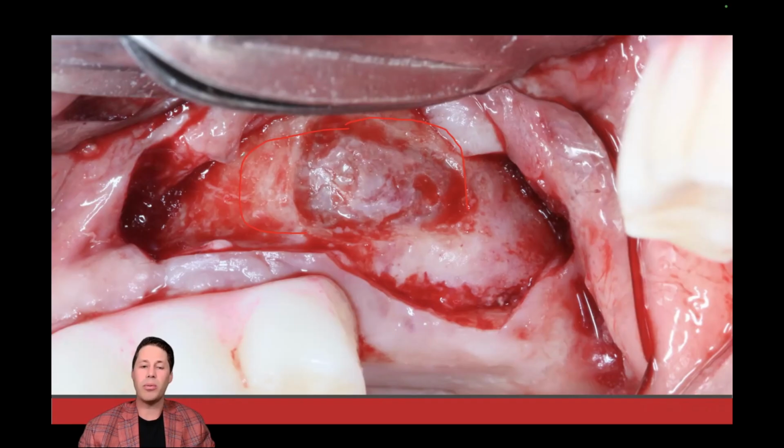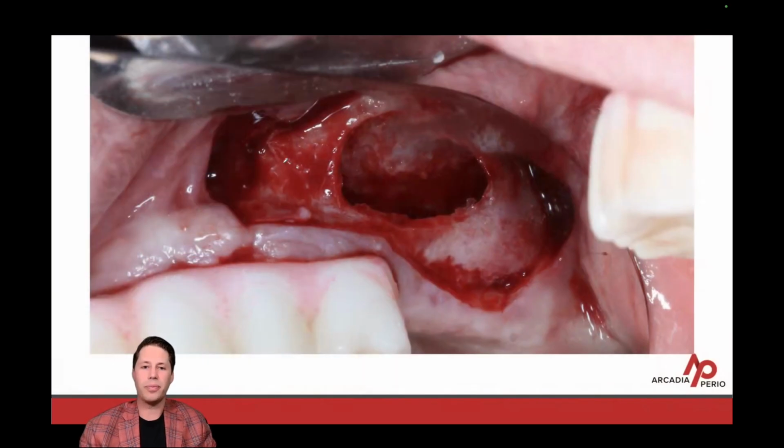The other thing too is some people may do an outline and keep this buccal bone, and they may use that as the new floor of the sinus. I prefer to remove the bone completely and reestablish the sinus floor with grafted material. Just my preferred technique, but just know there are multiple techniques when it comes to surgical access.